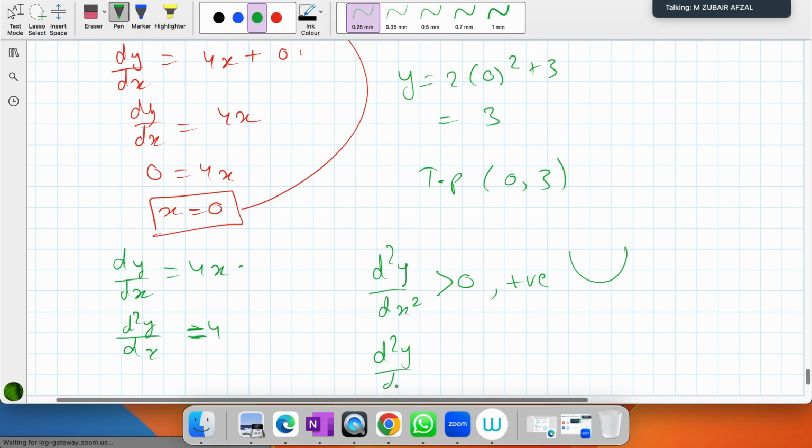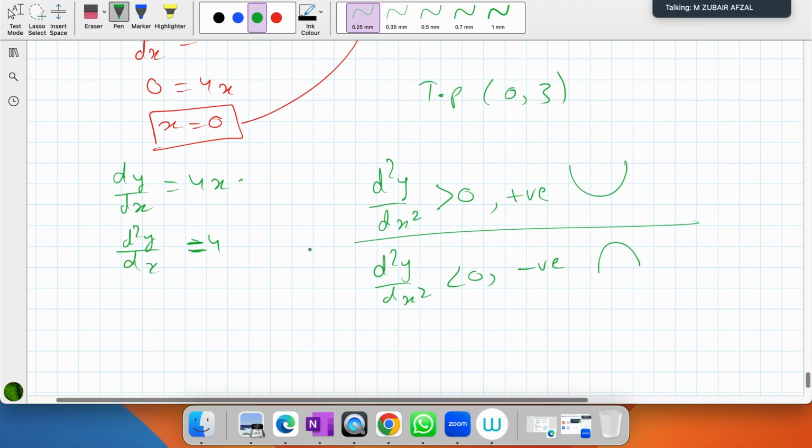If d square y over dx square is less than 0, which is negative, it will be a sad face. In our case, it is positive, which will be a smiley face, and so we say it is a minimum point.